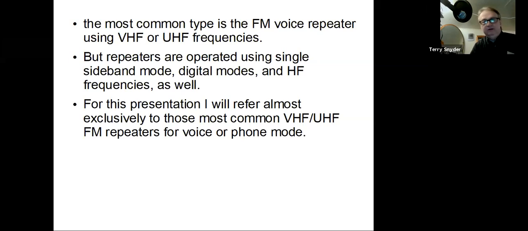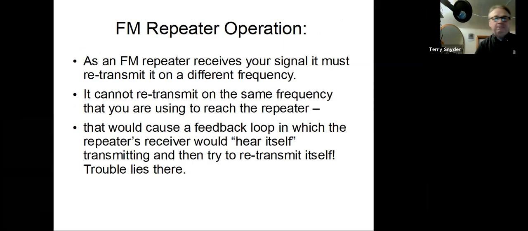But the repeaters can be used in single sideband or digital modes. HF frequencies as well can be used as repeaters. But we're going to stick mostly to the FM. Really, that's what we're going to be using. And the commons are VHF and UHF FM repeaters for voice or phone mode. There are repeaters for digital modes of various kinds that are becoming more popular, but we won't get into those for right now.